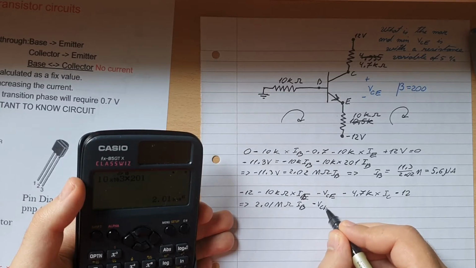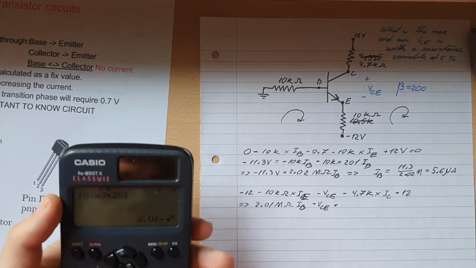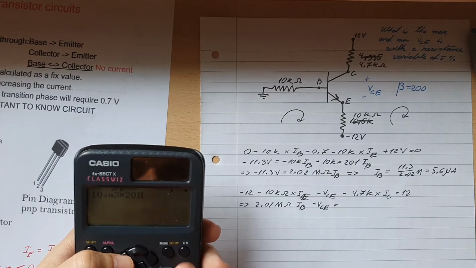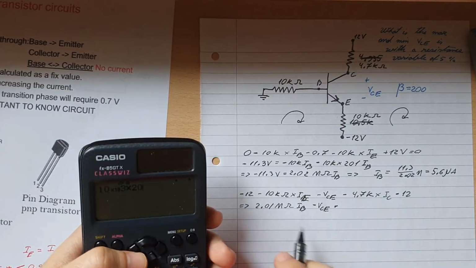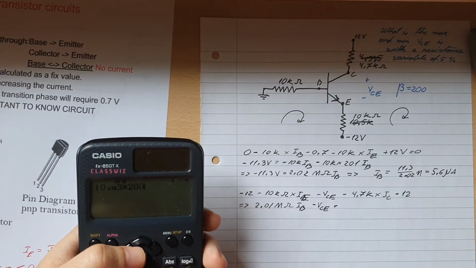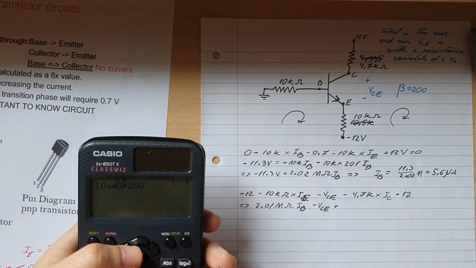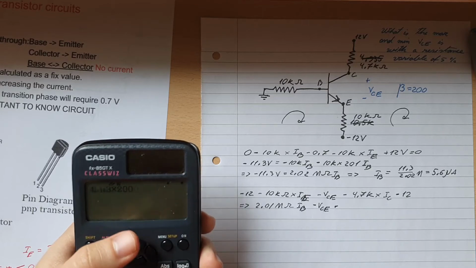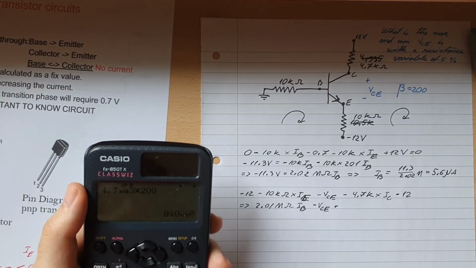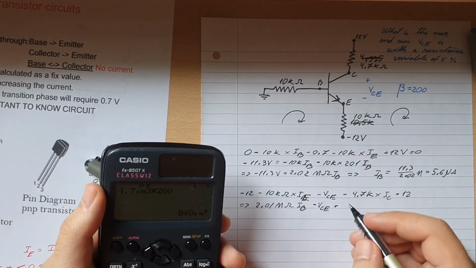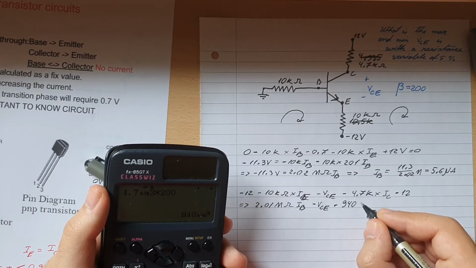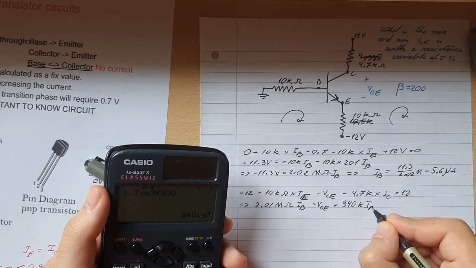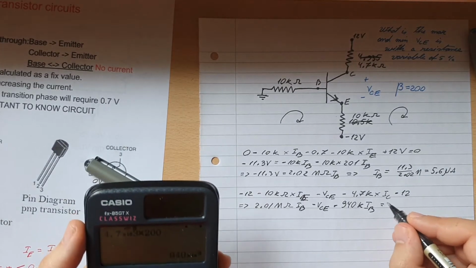minus VCE minus, and sorry, I meant it to be 200, wasn't it? Wait, IE, yeah, and now 200 times 4.7, that's equal to 940k IB, and that's equal to 24.